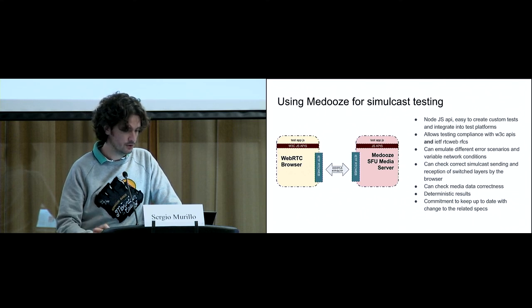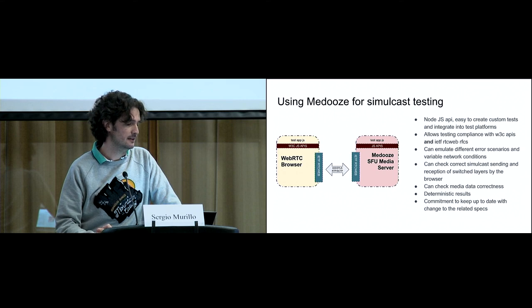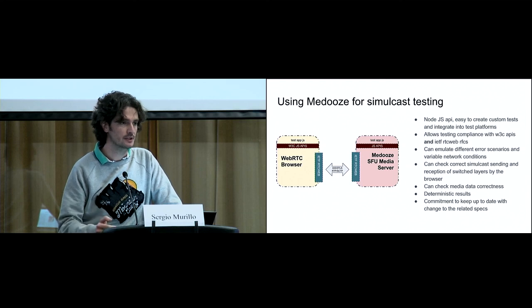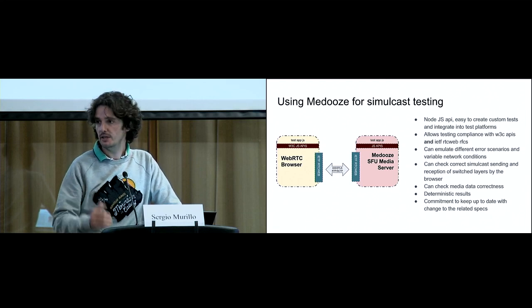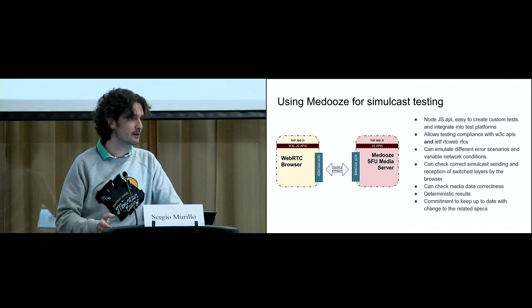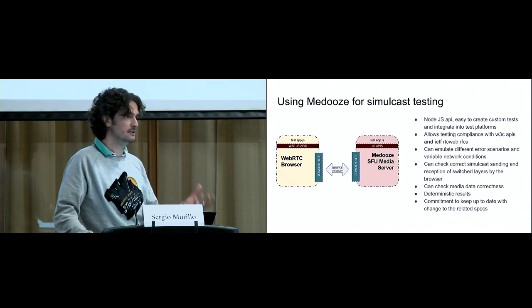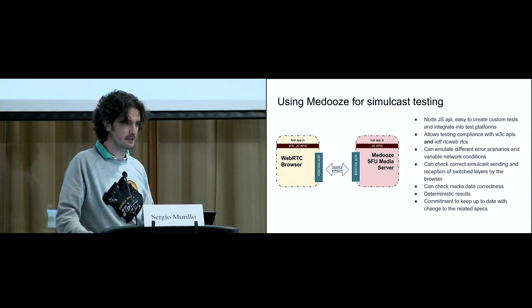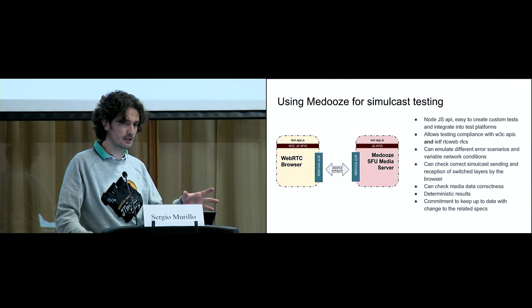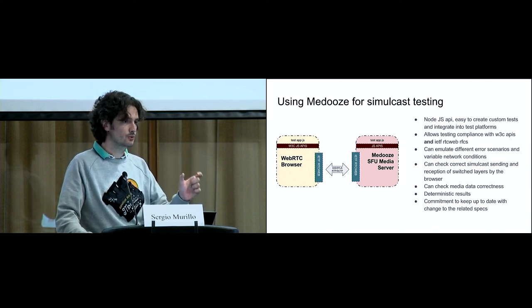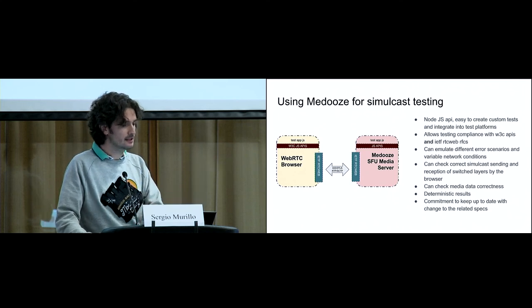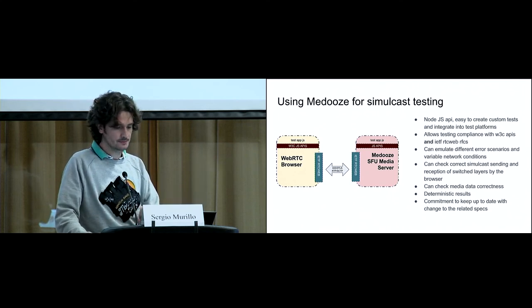Also, we can force and emulate different error conditions. For example, we can introduce packet loss, or we can just close the DTLS connection. We can emulate some kind of error condition without having to do tricky things in the network, or having to set up a network emulator to implement this on the wire. You can do it directly on the SFU.